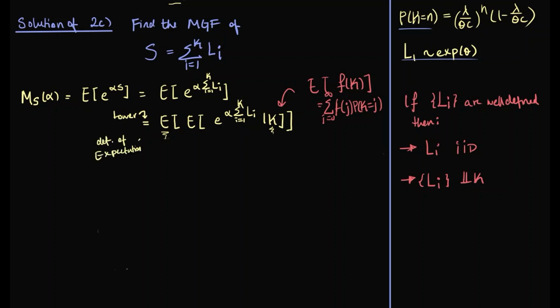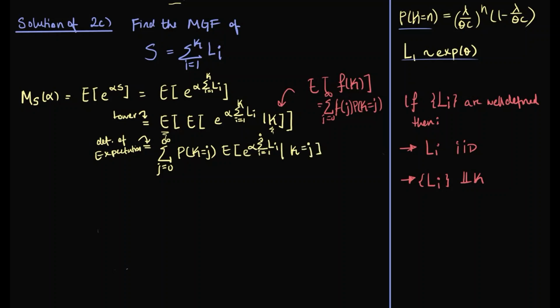Just from the pure definition of expectation, what we get now is the sum from 0 to infinity of the probability of K attaining the value j, multiplied by the value of this conditional expectation, where instead of K, we just plug in the value j, since we condition on K being equal to j.